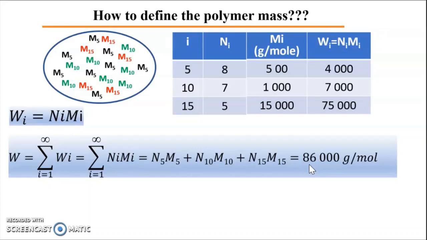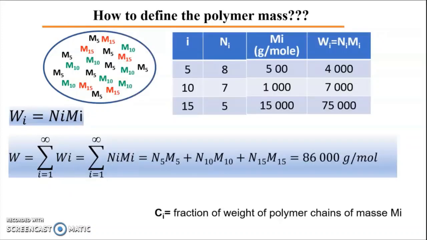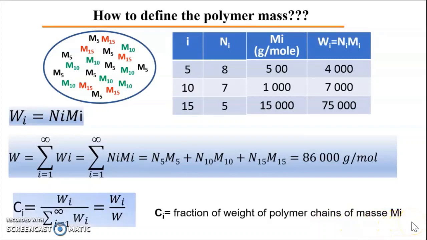Also, it's important to know the mass fraction of each polymer group in the whole system, so that I can define Ci, where Ci is the fraction of weight of polymer chains of mass Mi, and it's given by the formula Wi, which is the mass of the group i, over the total weight of all chain groups in the system.